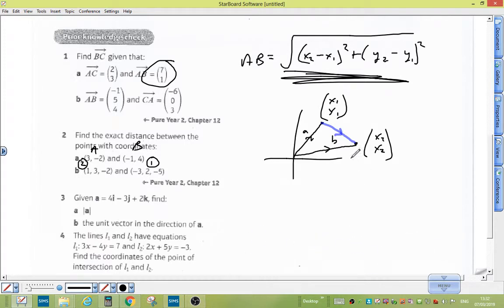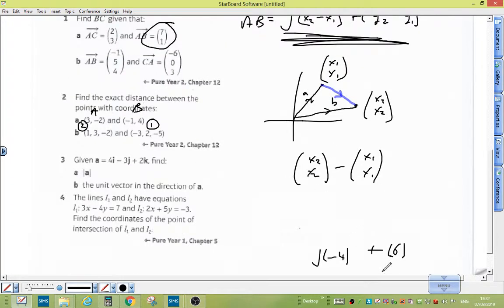So to generalize this in the same picture, I want to go down there, up there. Do you agree? I'm going in this direction. It will be B, which is x2, y2, take away x1, y1, which now gives you, on the top, x2 minus x1, on the bottom, y2 minus y1, and then we're going to modulus it.